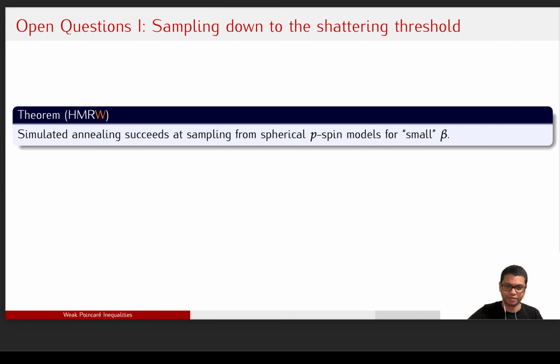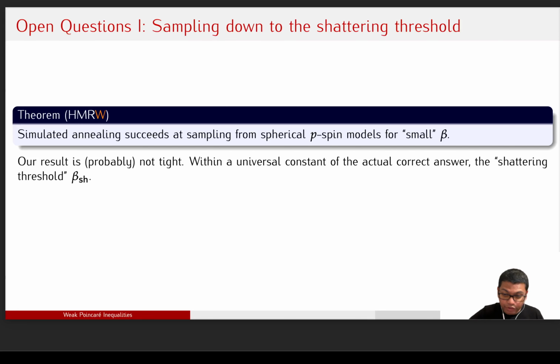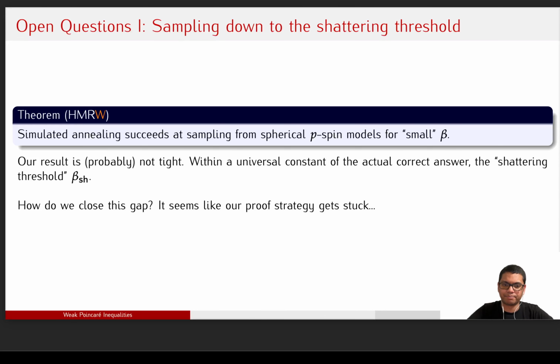And our result is likely not tight. And even though we're within a universal constant of the actual correct answer, the shattering threshold, there are actually barriers to breaking past the result that we got. And the natural open question here is whether one can close this gap.